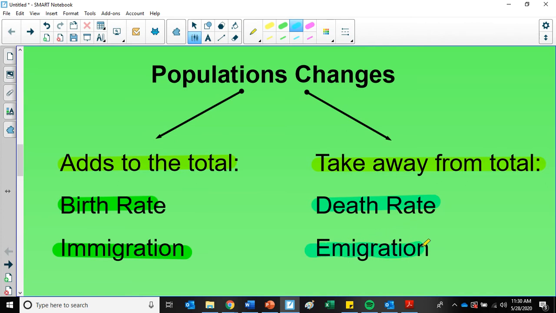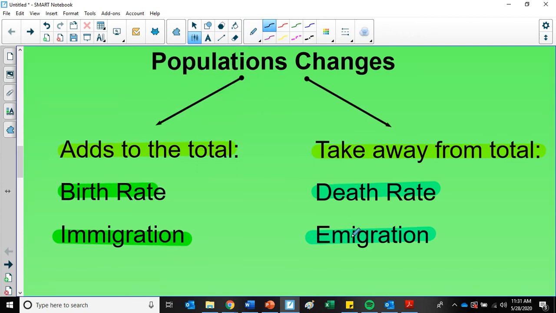However, if they were emigrating, and maybe the owls are going to different locations that are not being recorded, they haven't necessarily died, but they emigrated or exited out. That's how I like to think of it: they exited out of this one. So emigration we can think of as they exit the ecosystem.